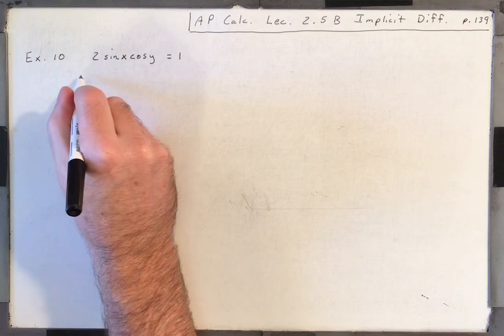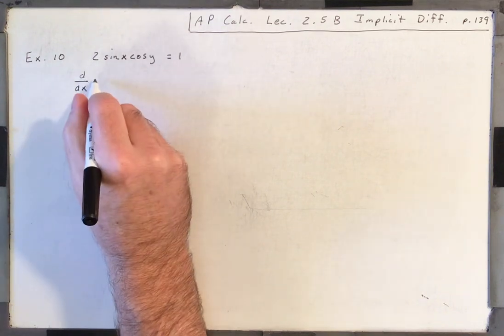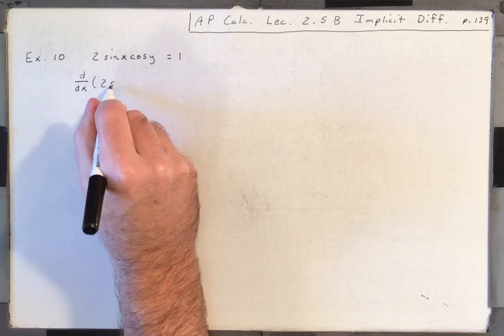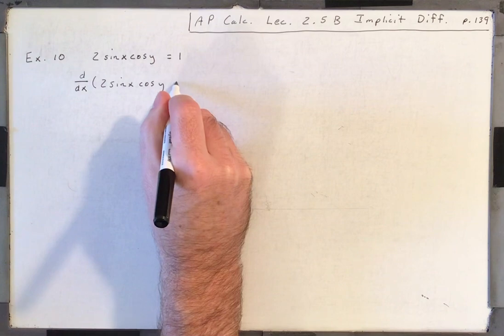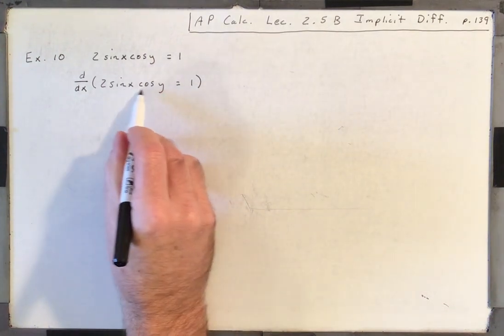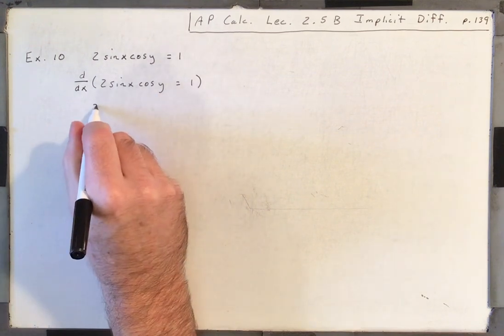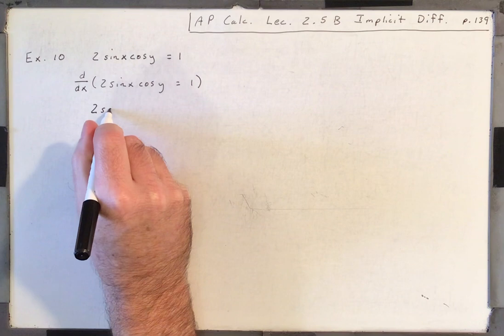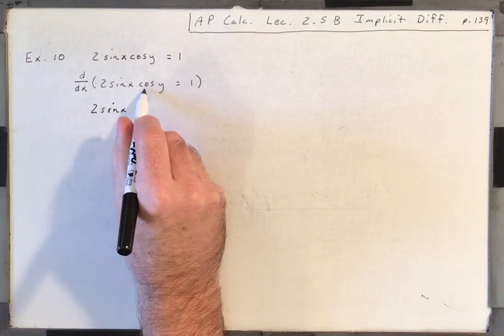All right, so we want to take the derivative with respect to x of 2 sine x cosine y equals 1. Okay, so right here we have a product rule. So it's the first, 2 sine x, times the derivative of the second, cosine y.